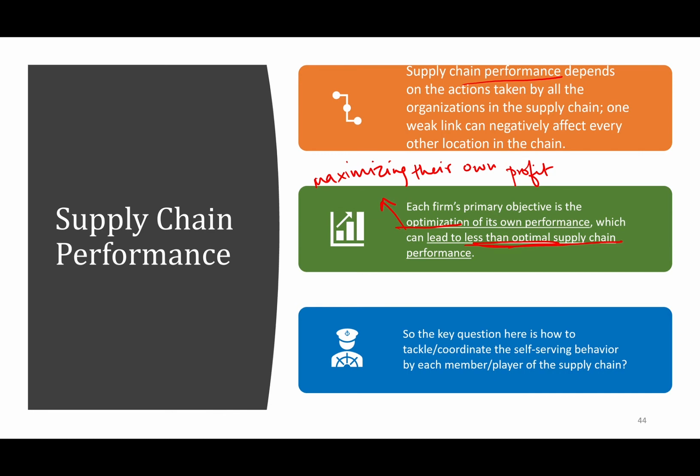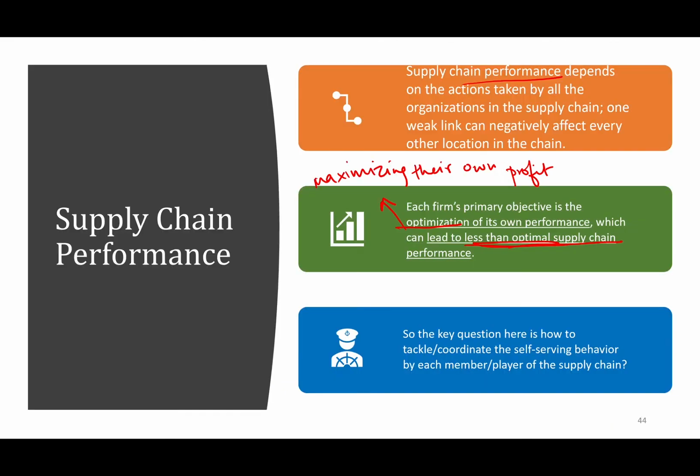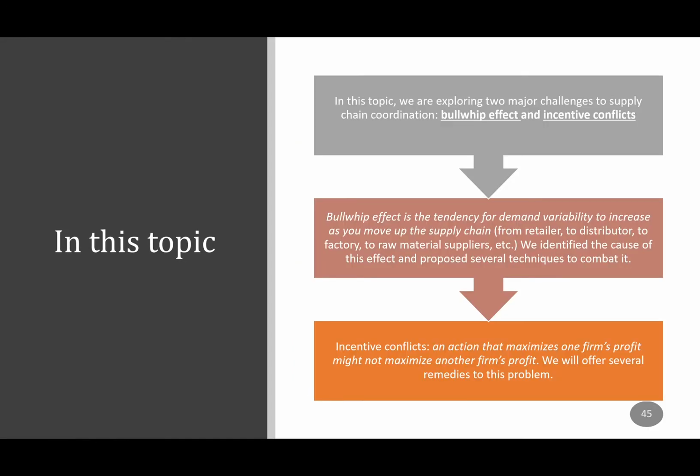Okay, but the key idea being that each of these different organizations within the supply chain, they're only working out of self-interest. So the key question here was, how do we tackle or coordinate the self-serving behavior of each member or player of the supply chain? Okay, so that's the question.